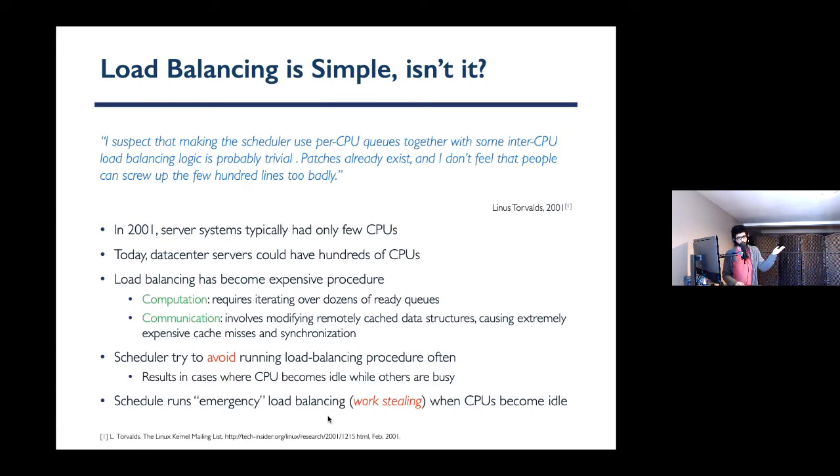don't bother about load balancing until one of your CPUs becomes idle. The moment your CPU becomes idle, start panicking that maybe you should migrate some task onto this CPU. And then the CPU that gets idle will look at other CPUs, see if they are overloaded.